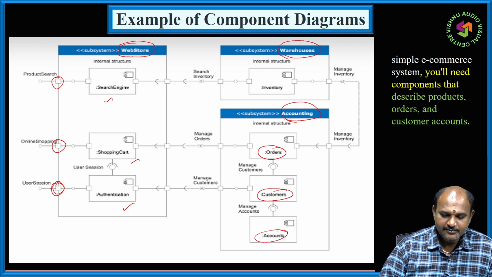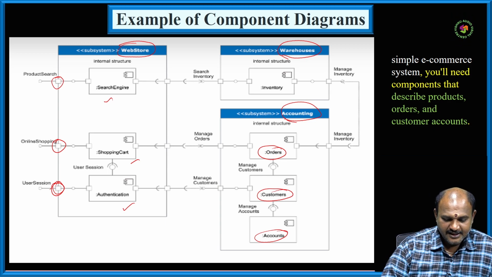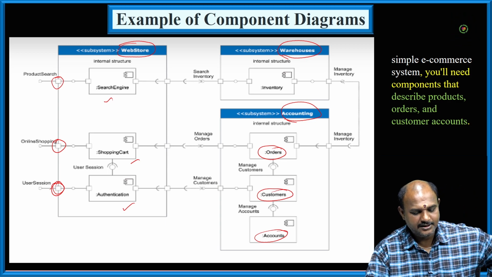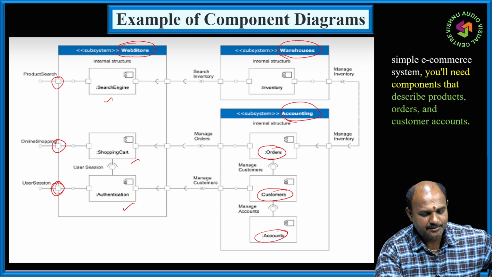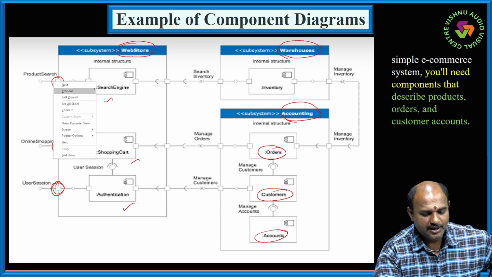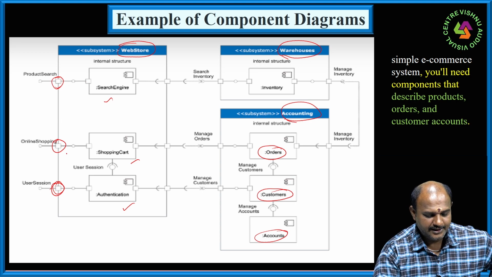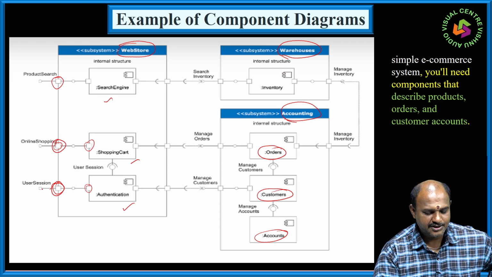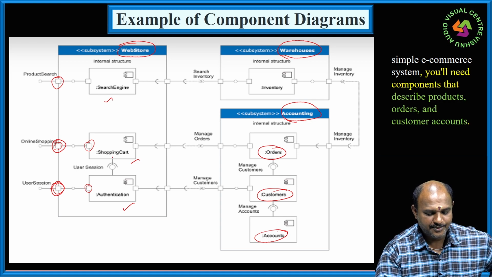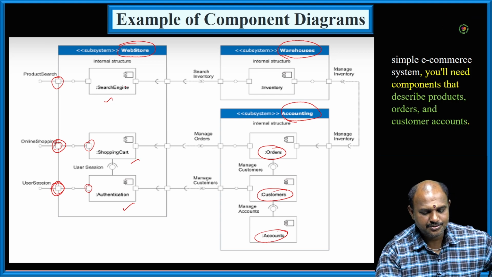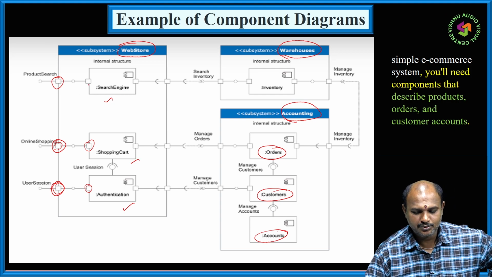Similarly, here this is one port, this is another port, and we communicate with two ports. Here also, one port and another port. We communicate from user session to authentication, online shopping to shopping cart, and product search to search engine. So these are the two ports we can use.